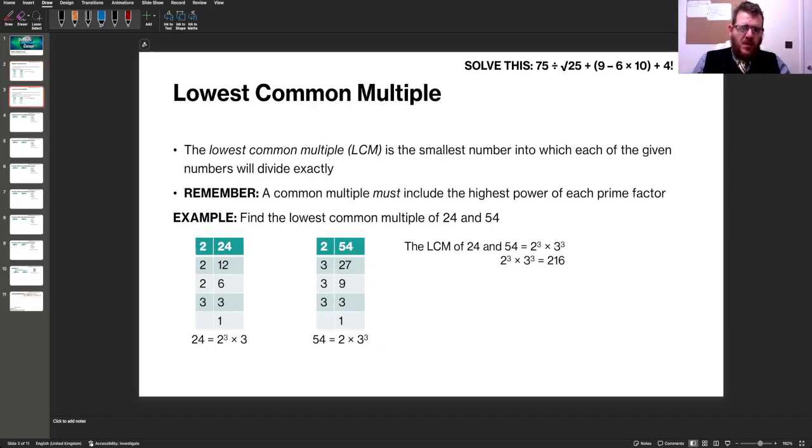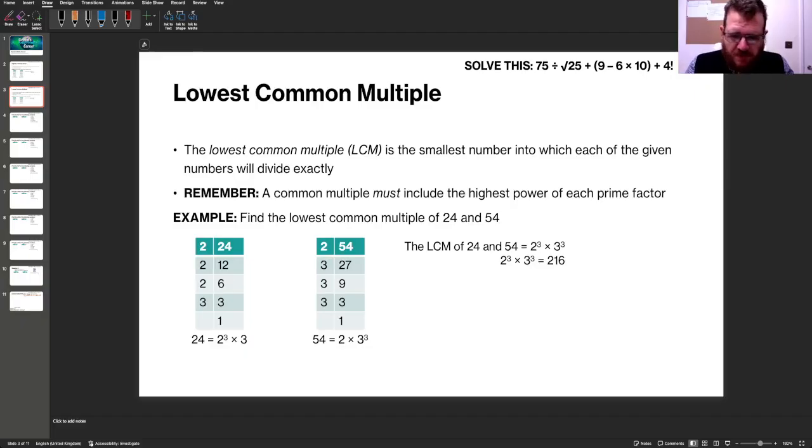Now, the lowest common multiple is the smallest number into which each of the given numbers will divide exactly. Now, you've got to remember, a common multiple must include the highest power of each prime factor, as per the example that we've got there at the bottom.